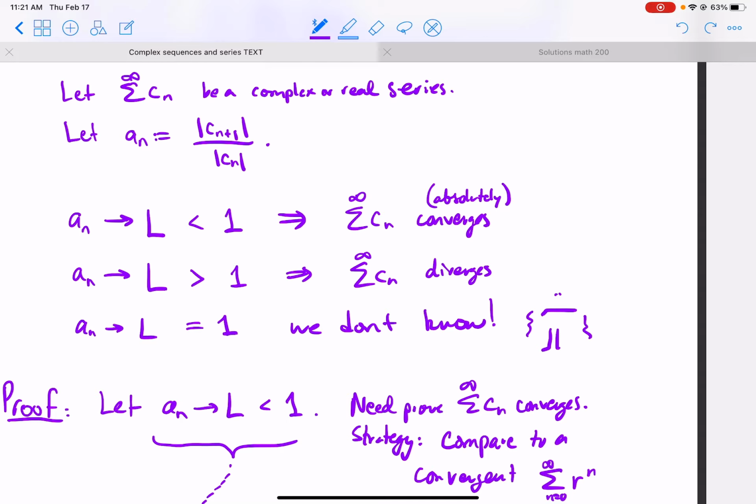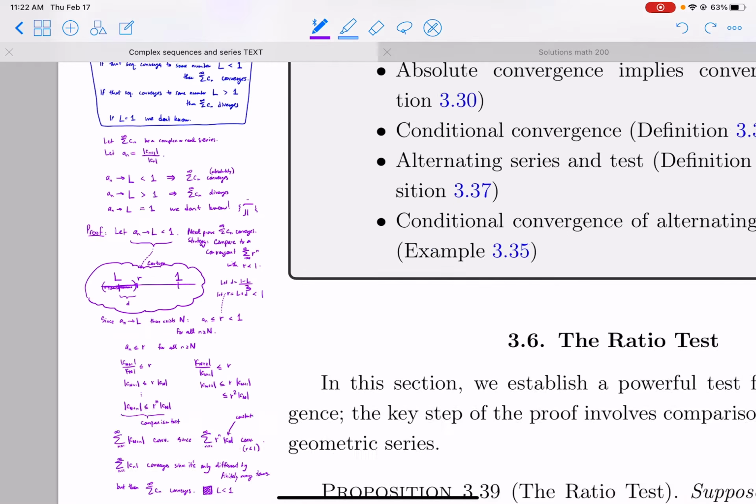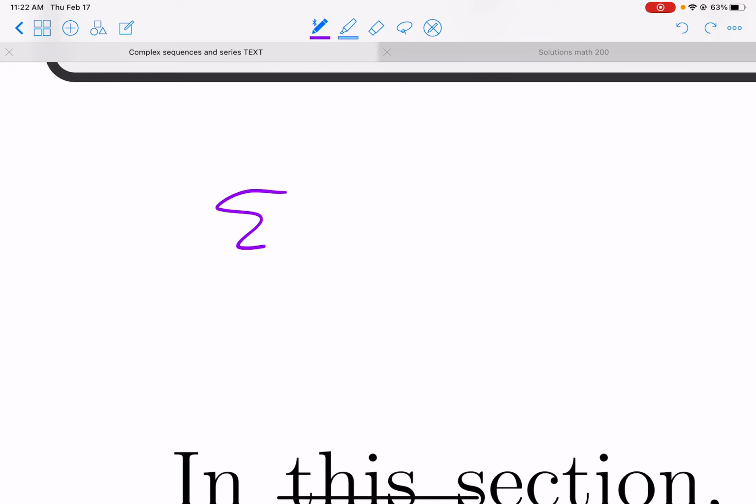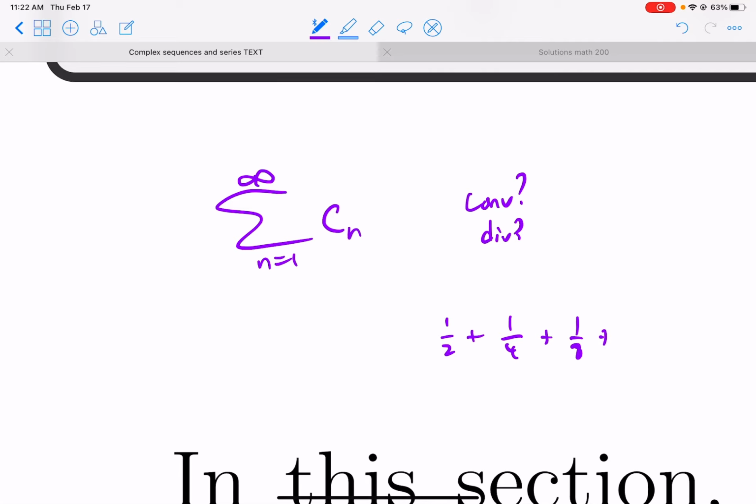Okay, so if you're wondering about some series, sum n equals 1 to infinity or 0 to infinity or whatever, and you want to know does it converge or diverge? We want to compare it to the Achilles example. These are geometric series.